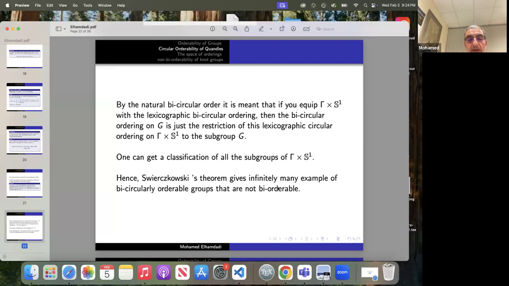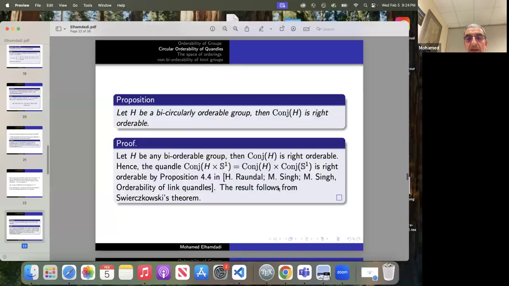Circular orderability is stronger than orderability, and the same thing, bicircular orderability is stronger than biorderability. Let H be a bicircular orderable group, then its conjugation quandle is right orderable.